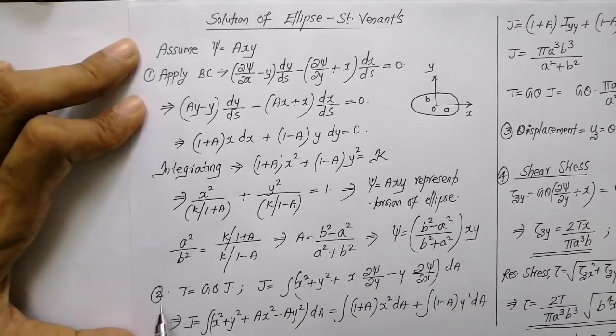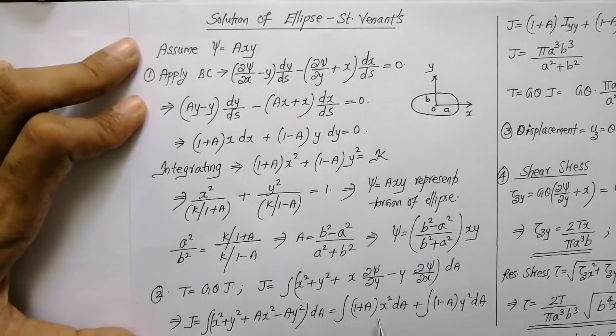Now, second step, you have to go for the torsion equation T = GJθ, whereas J is equal to the integral of x² + y² + x ∂ψ/∂y − y ∂ψ/∂x dA. So, now we are substituting the value for ψ here and differentiating to obtain J equal to the integral of x² + y² + Ax² − Ay² dA.